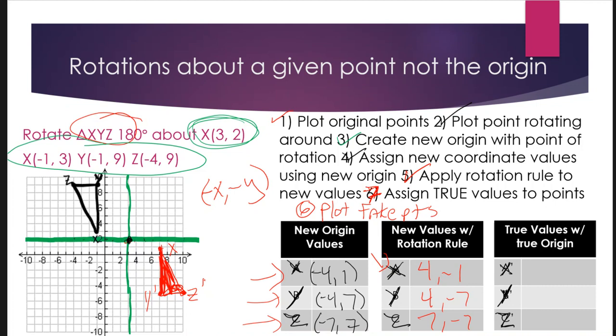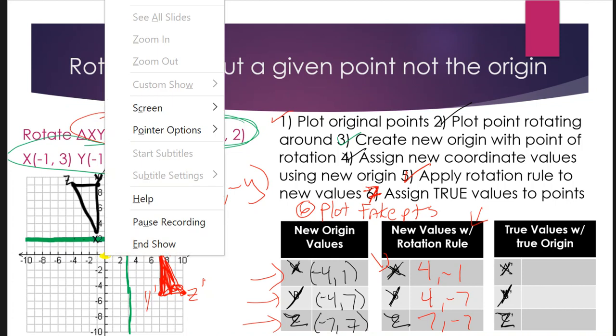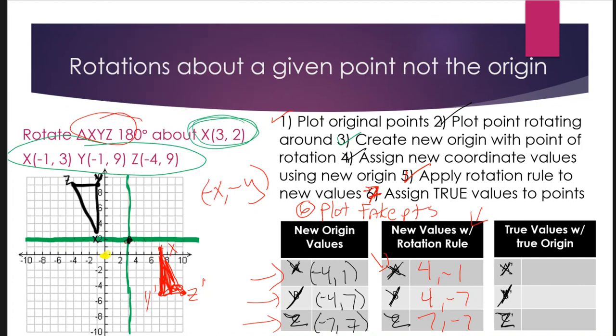I've completed the rotation. But again, if I leave it here and circle this multiple choice answer, these are not the actual coordinates of these points. So I need to just do one extra little step, which is to go back to the real origin, 0, 0, and determine the actual coordinates of x prime, y prime, and z prime.